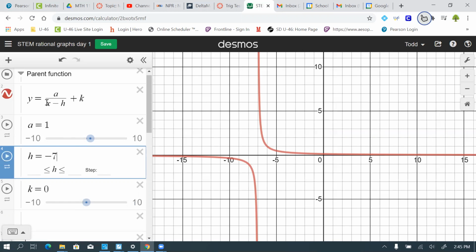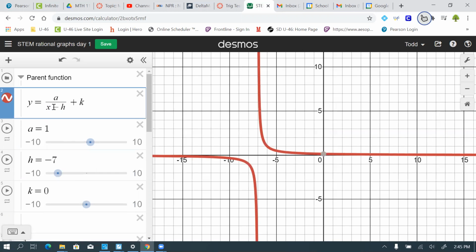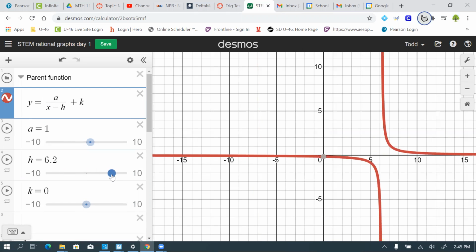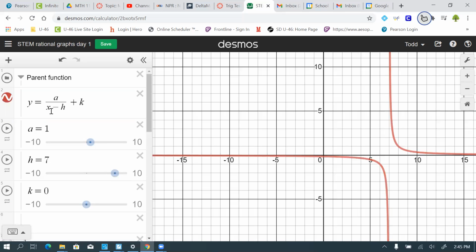So it would look like x plus 7 down here. So x plus 7 will result in moving everything to the left 7 units. If h were +7, then you have x minus 7, and that would move it to the right 7 units.